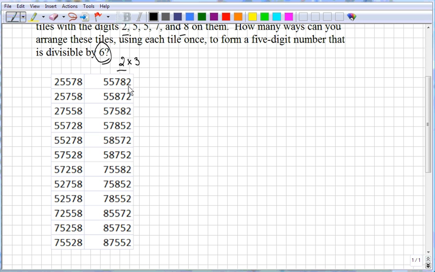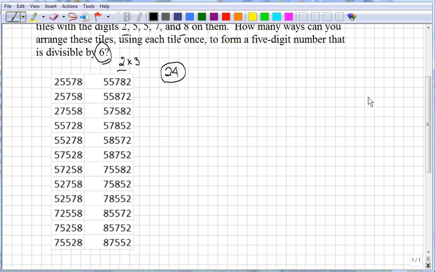And then for the numbers ending in 2, I looked at the one starting with 5, 5, 5, 7, 5, 8, 7, 5, 7, 8, 8, 5, and 8, 7. Okay, so I just sort of systematically typed them all in. So that's one way you could do it. And if you count those all up, you get 24. Okay, that's one way to do it. So that's the answer, is 24.